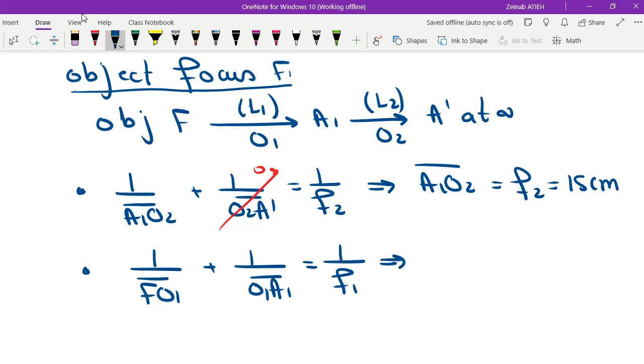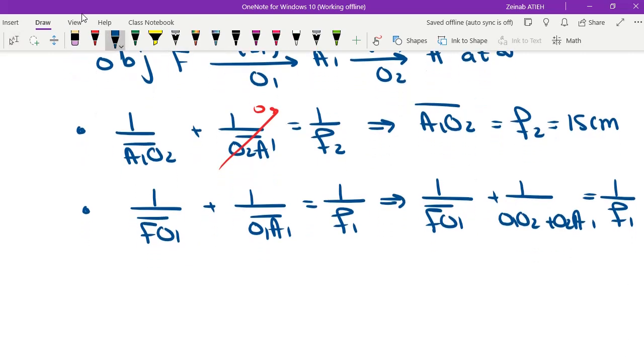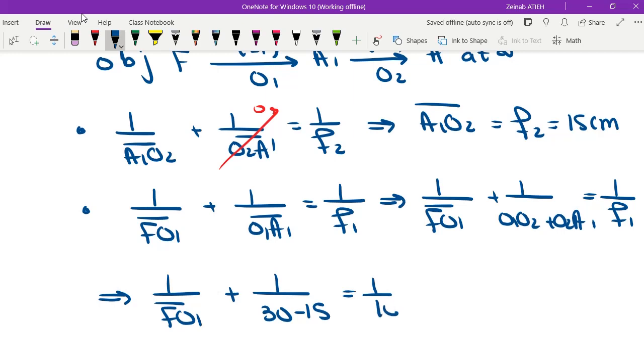Let's insert O2. 1 over FO1 plus 1 over O1O2 plus O2A1 equals 1 over F1, like this. Substitute: 1 over FO1 plus 1 over 30 minus 15 equals 1 over 10.